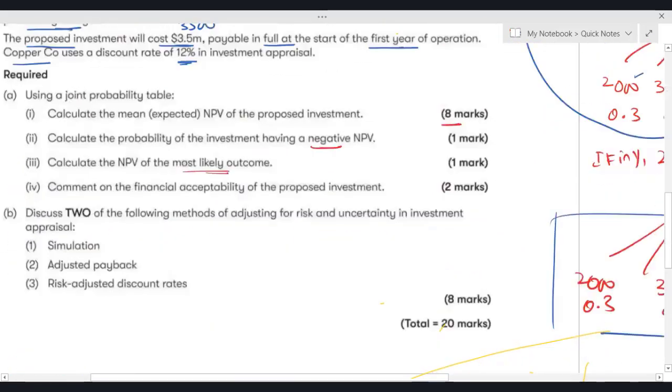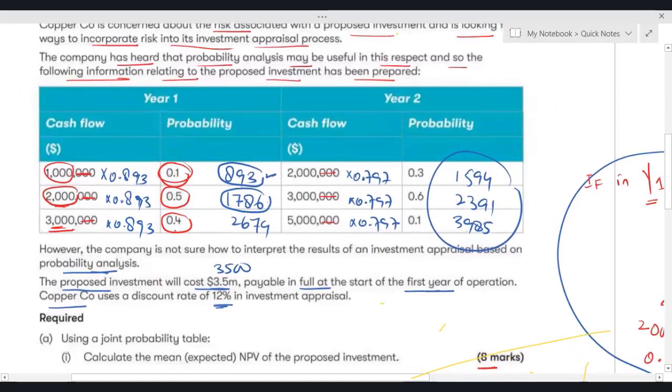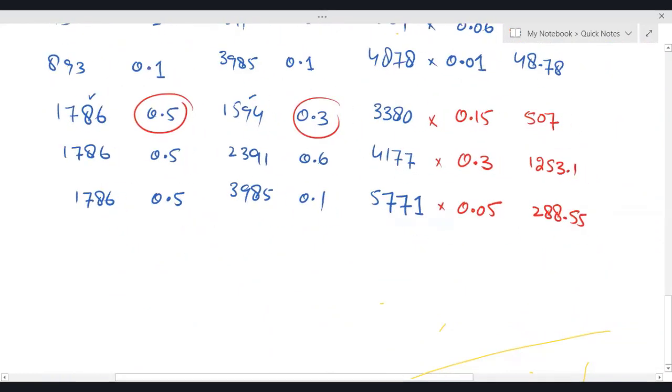Now the last one was, if the event of 3,000 occurs, which has a probability of 40%, the present value is 2679.